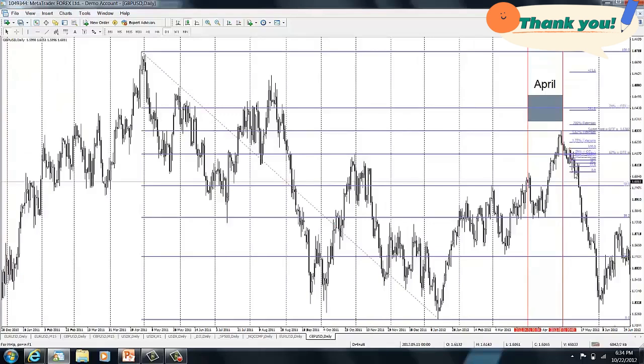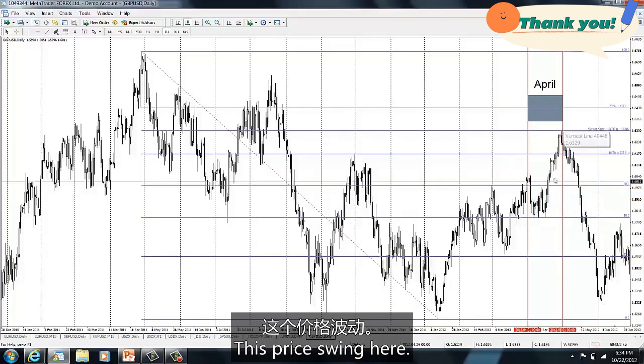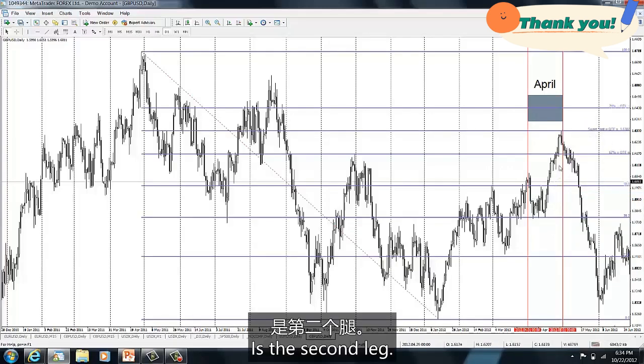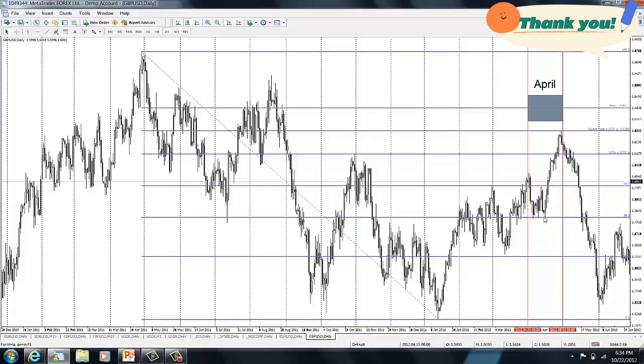The fib levels for the cable, again from this high up here, this price swing here, okay, this price swing here is the second leg of this move here. So we have to use this price swing before we would ever use this one or this one.